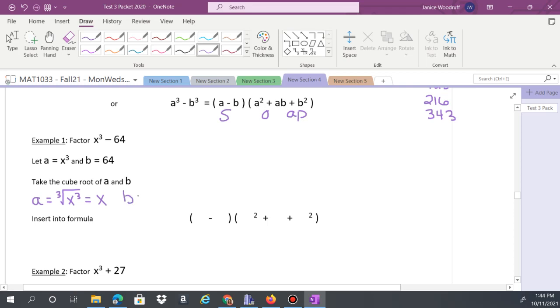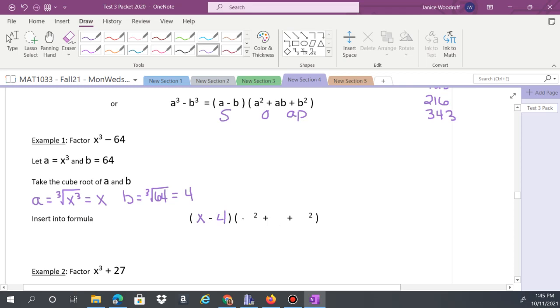And for b, you're going to find the cube root of 64, which is what? That's just 4. Okay, so you have a is x, b is 4. So it's a, so x, minus b, so 4. And we already have the signs here, so same sign, minus.